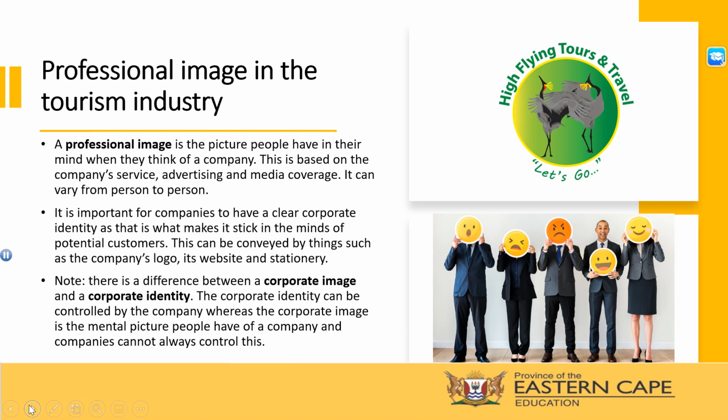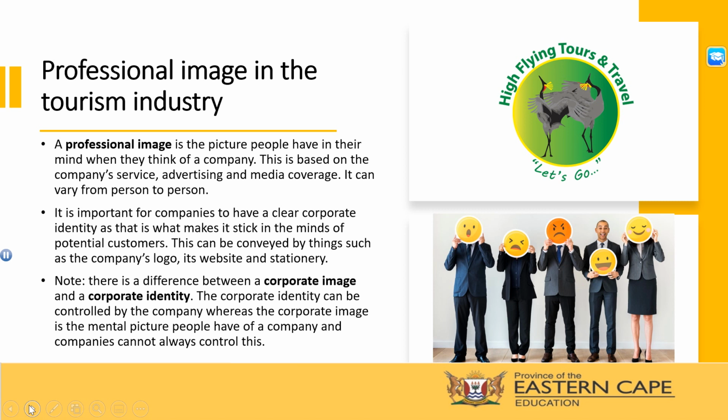If you read the definition on your screen, a professional image is the picture that people have in their mind when they think of a company. Now that picture is based on the company's service, on advertising and media coverage. And of course, the image of a company varies from person to person.